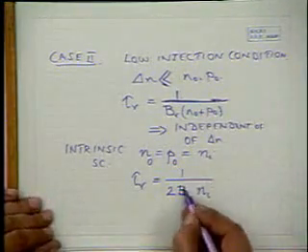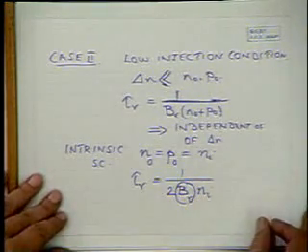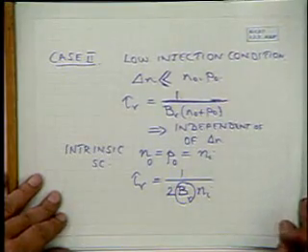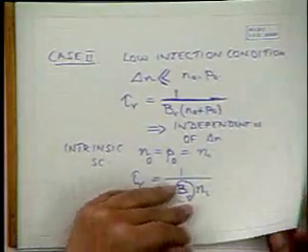Now, a word about BR, the radiative recombination rate. We'll see this depends very strongly upon the nature of the semiconductor. As we saw when we were discussing absorption processes, we have two types of semiconductors, direct and indirect. When we have a direct gap semiconductor, we have very strong absorption because it's a two-body process.